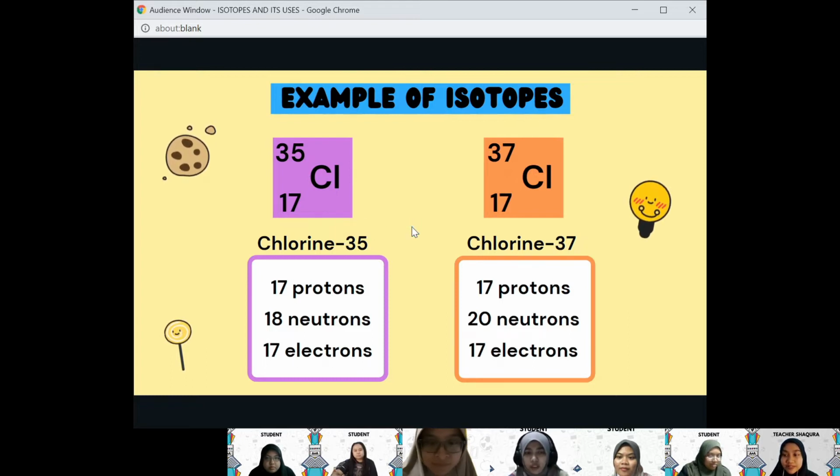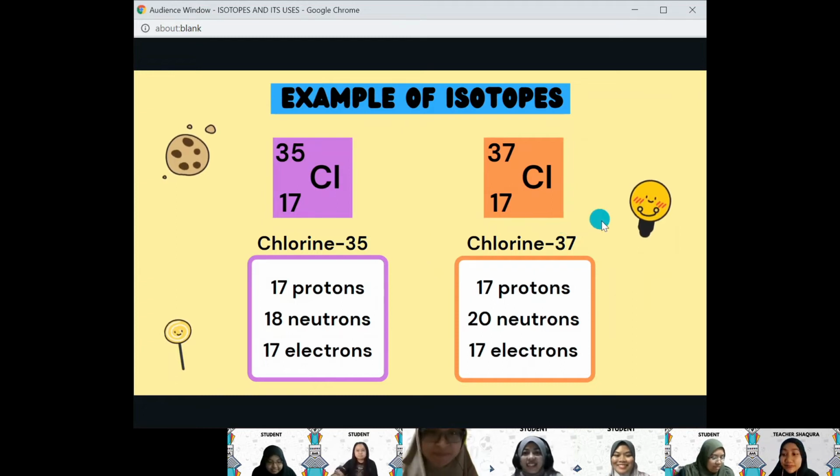Can I have Sabrina to answer my question? To find neutron number, you need to minus 35 minus 17. Am I correct? Yes, correct. Here, confetti for you.